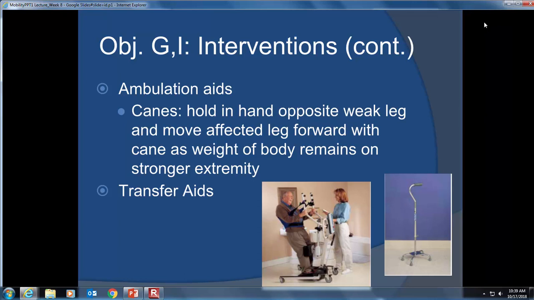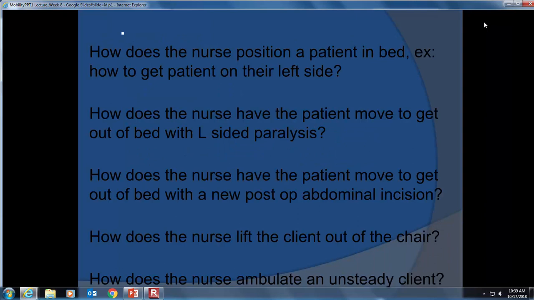So for canes, the patient should hold the cane in the hand opposite the weak leg. For walkers, move the walker forward, then the patient steps up to the walker using the walker for support. Take just a few minutes here and answer these questions. See if you got a handle on how to move people safely, and we will talk about these in class.